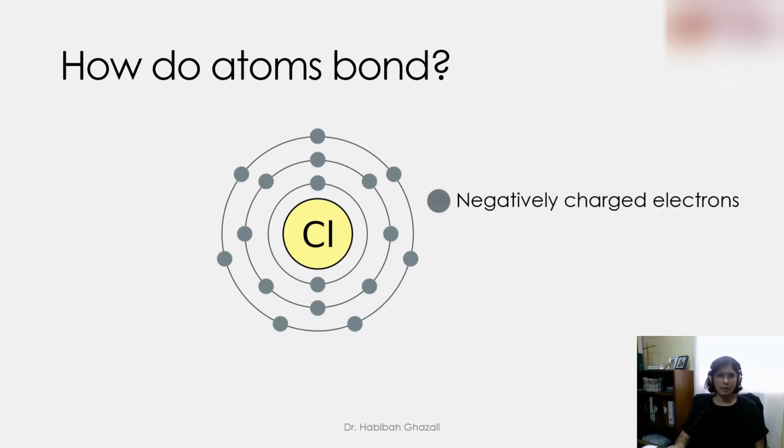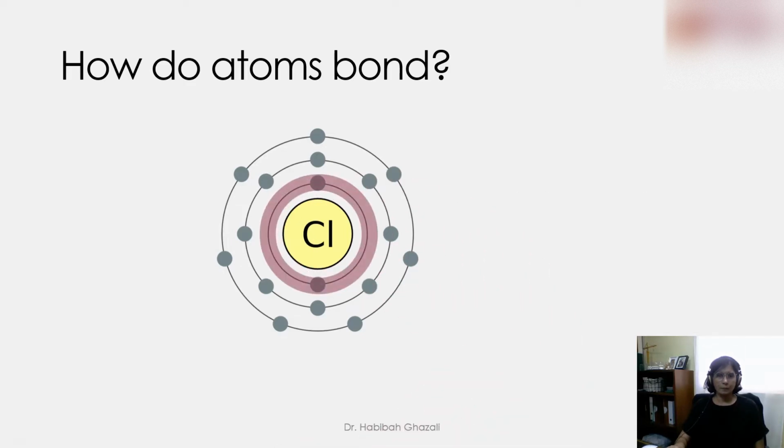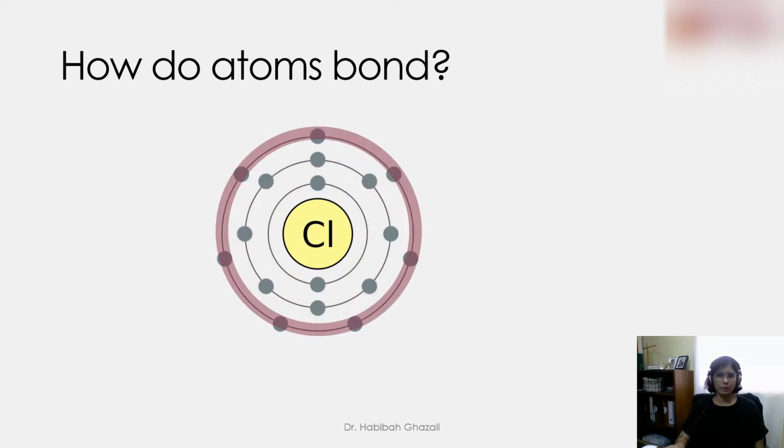The inner negatively charged electrons will shield the nuclear pull of the protons from the outermost electrons. So the outermost electron can only feel the net charge, the effective nuclear charge of positive 7.